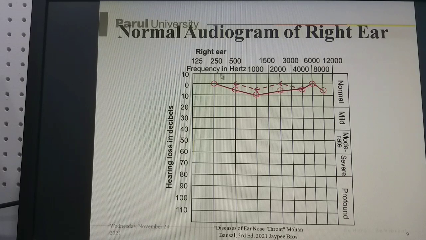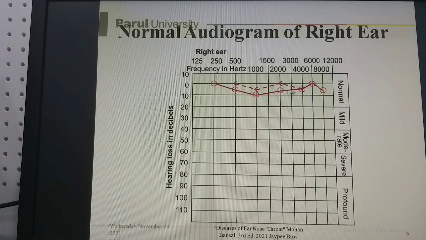In this diagram, you can see the red color, means it is the right side audiogram. Then you can see this continuous line. We join this rounded symbol with a continuous line in air conduction. For bone conduction, we use the interrupted or broken line. So you can remember B for bone conduction, broken line; air conduction, straight continuous line.